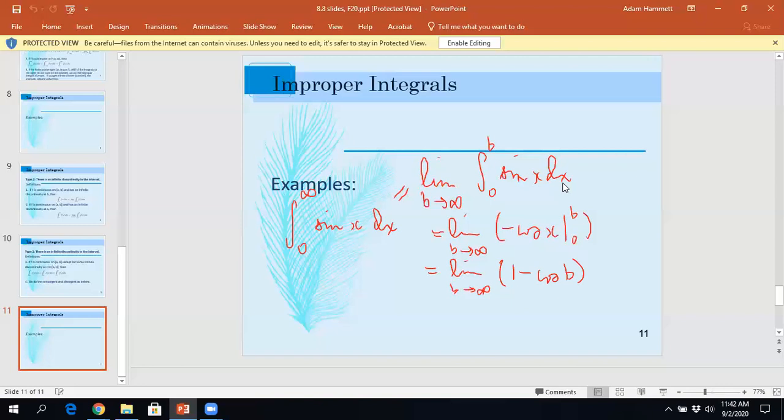No. This thing oscillates between -1 and 1, most importantly, so this limit does not exist.